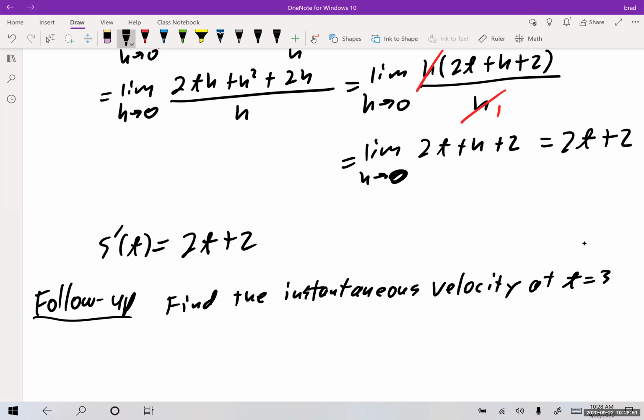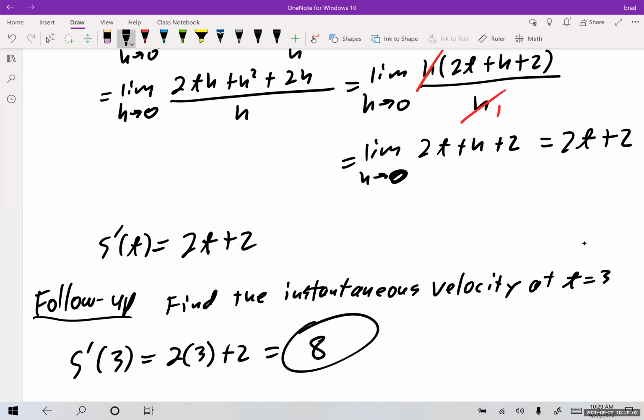So then what you have to do is say s prime of 3, and that's 2 times 3 plus 2, which is equal to 8. So that's my instantaneous velocity.